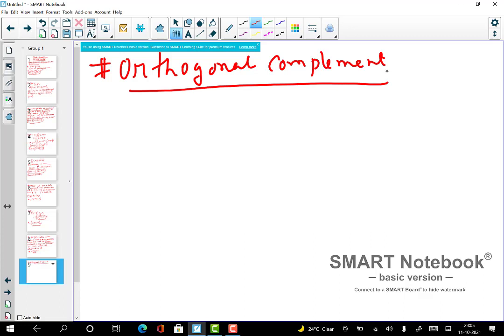Now, what is this? So you start with a vector space with an inner product. Okay. Or rather an inner product space. So how do I write it down?